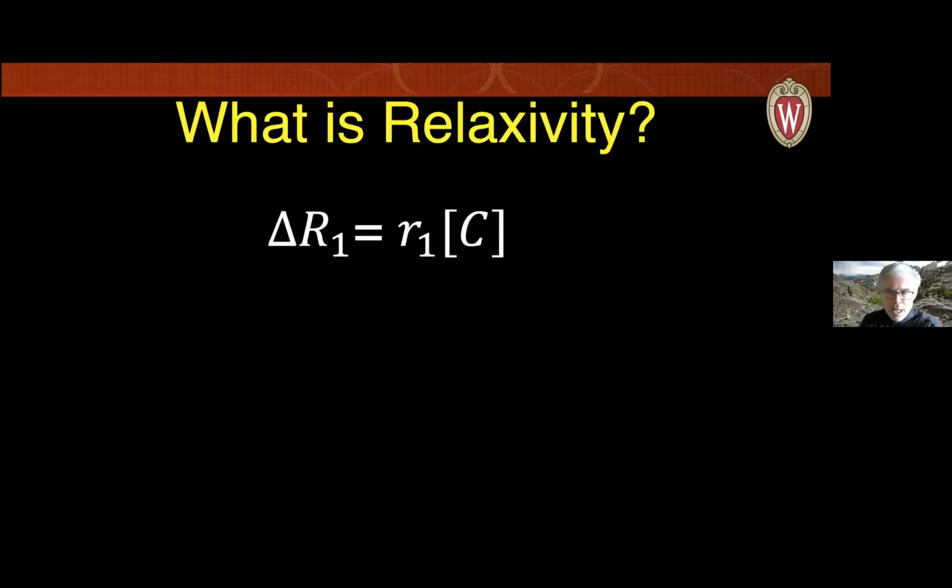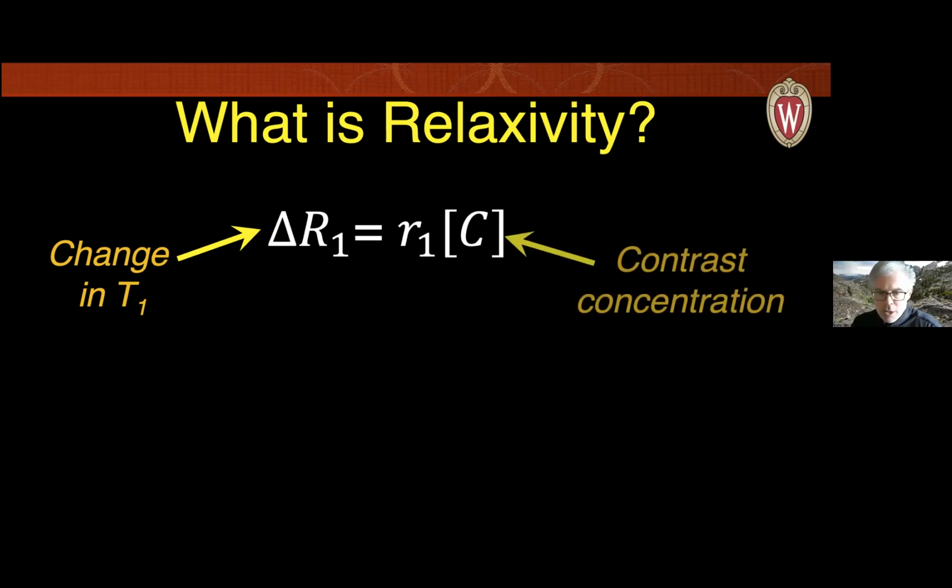So what is relaxivity? It's part of this equation here, where we're looking at the change in R1. So big R1 is just 1 over T1, and it's proportional to the contrast agent concentration.